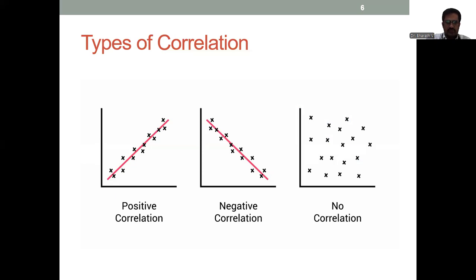In that case, when one variable increases, the other variable decreases. The other one is no correlation. When the correlation value is exactly zero or near zero, there is no correlation between the two variables.